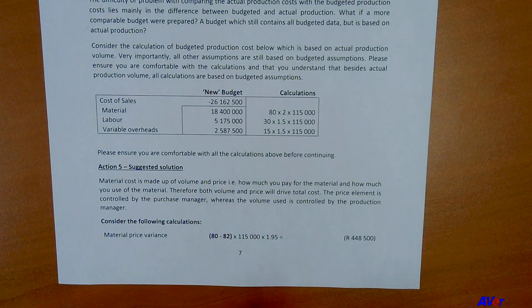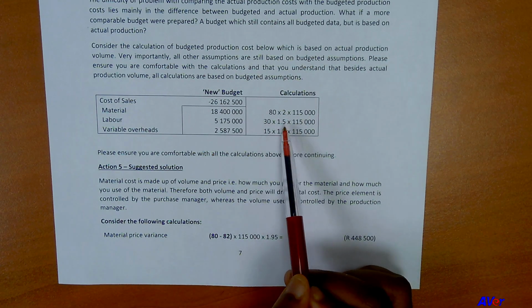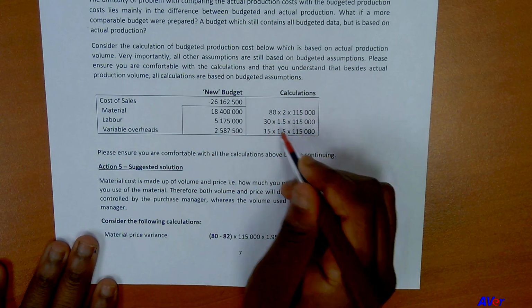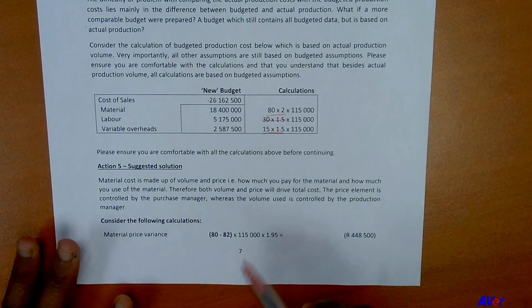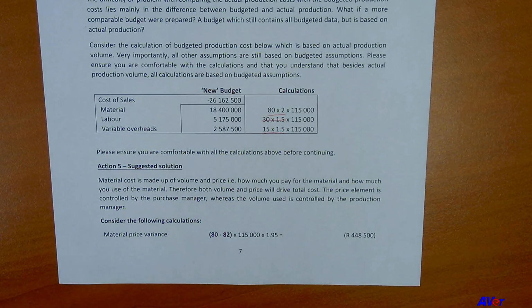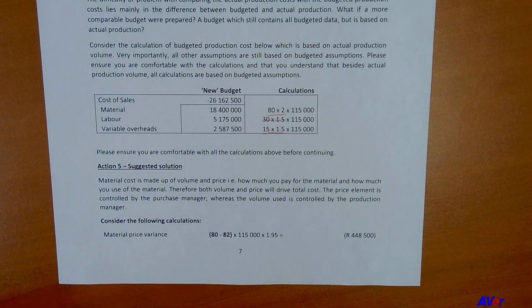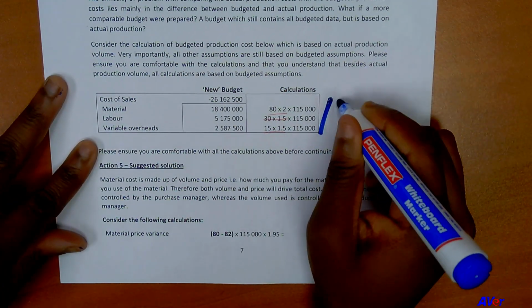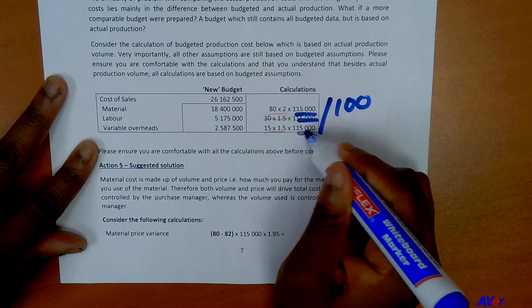So like I said, we will now have 80 times 2, 30 times 1.5. So all these are budget assumptions, or the standard assumptions. However, if you look on the side, you've also got the 115 instead of the 100. Therefore, this is the only thing that changes.